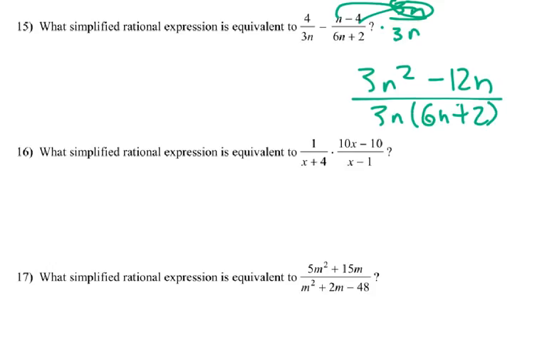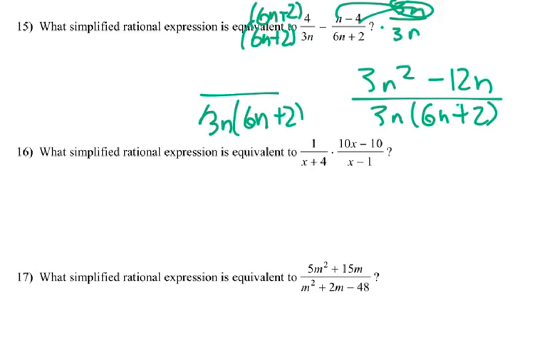The left side we multiply by 6n plus 2 on the top and on the bottom. So on the bottom I get 3n times 6n plus 2 and a minus, and then on the top 4 times 6n, 24n, 4 times 2 plus 8.